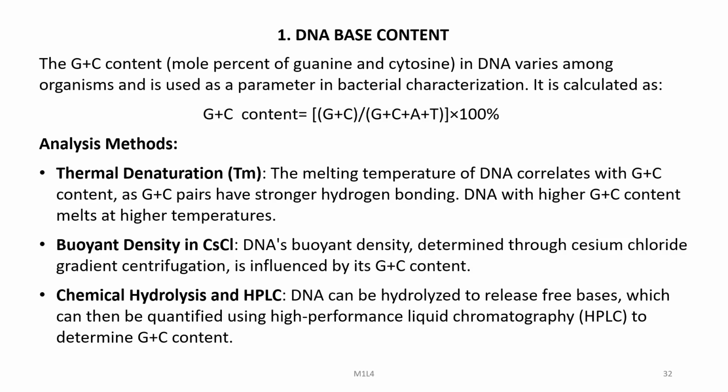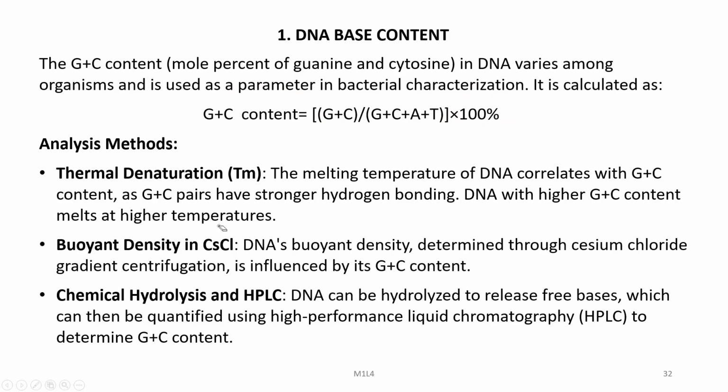It is calculated with a very simple formula, where we add up the total content of G and C, guanine and cytosine, and divide it by the total base composition, and this fraction is converted into a percentage to yield the GC content.